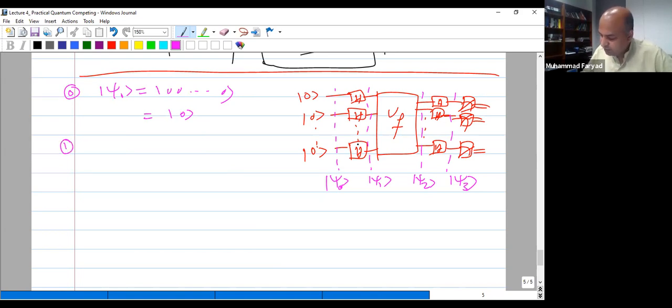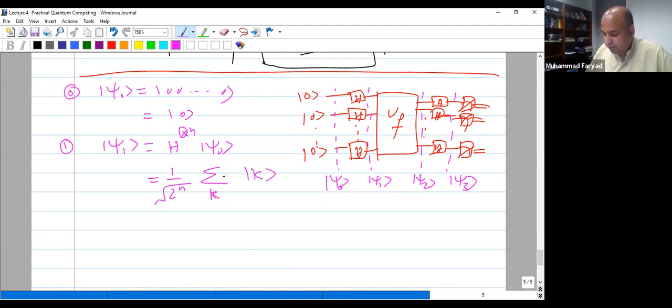When it passes through this Hadamard transform, we have already worked out what it should be. After n Hadamards on this input state, this will become 1 over 2^n to the power 1/2, sum over all possible combinations of k.